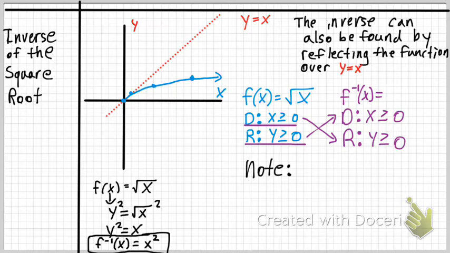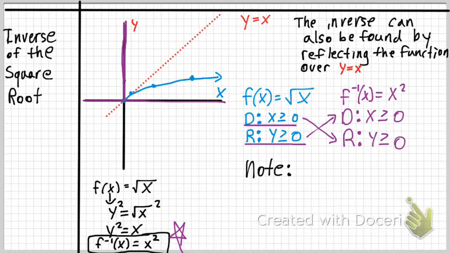And my function, like I found down here, is going to be f negative 1 of x is equal to x squared. So it's a quadratic function that has these restrictions. It has to be greater than or equal to x equals 0, and the y values have to be positive as well.